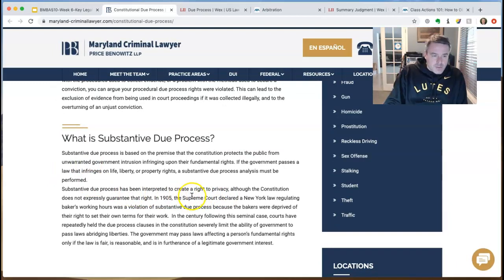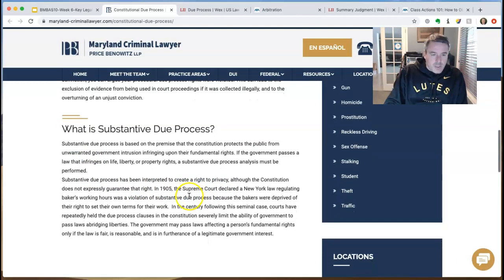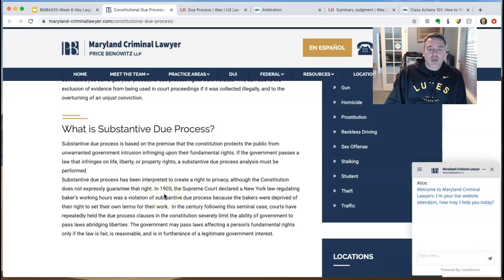Sorry, I'm trying to read and talk at the same time here, but in 1905 there's this seminal case where a New York law that limited the working hours of bakers was found to be a violation of their due process because it deprived them of their right to work. So that's substantive: their right to work.